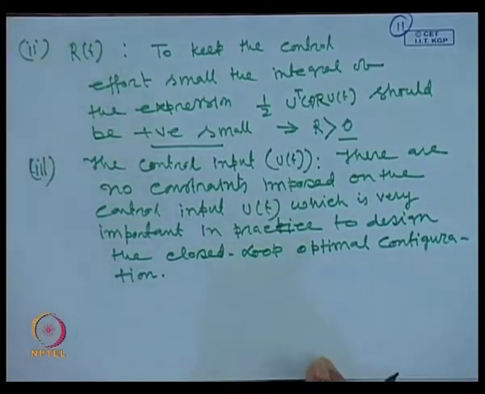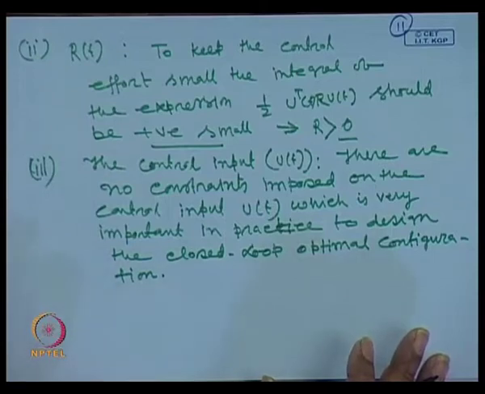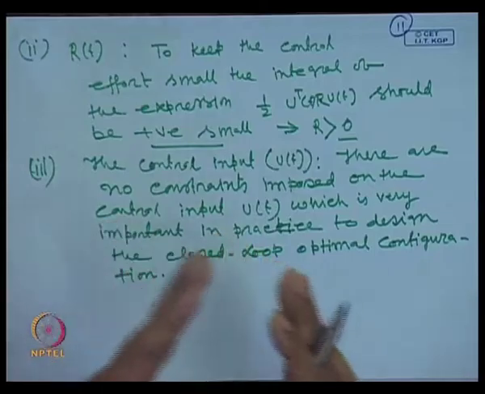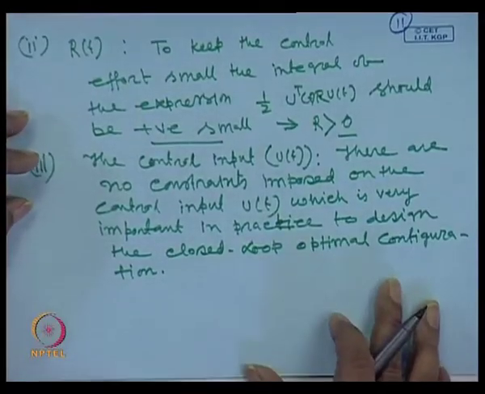First, we will design a linear optimal control, linear regulator problem without constraints. Then we will take the case where there is a constraint in the control input, as well as, in a more practical problem, a constraint in the input as well as a constraint in the state. That problem we will discuss later.